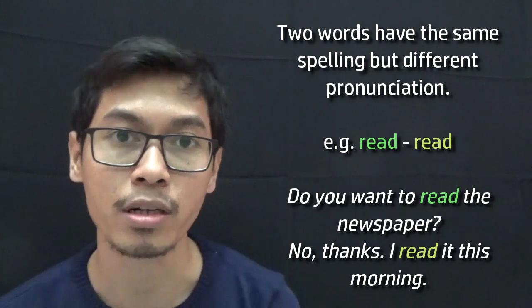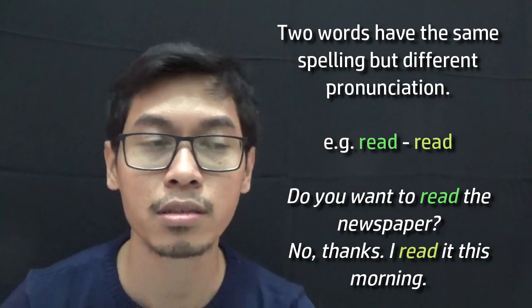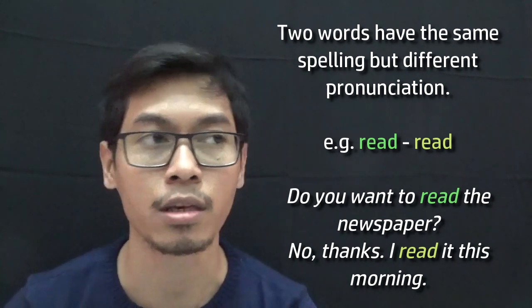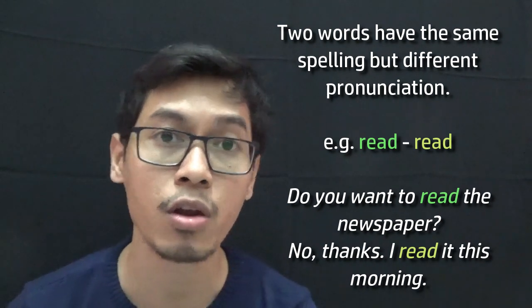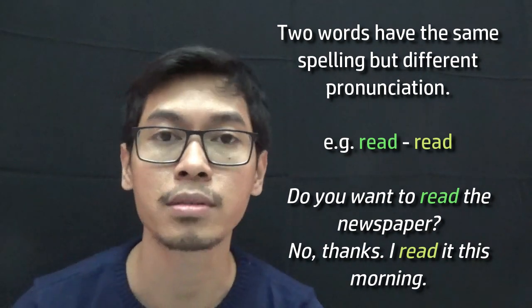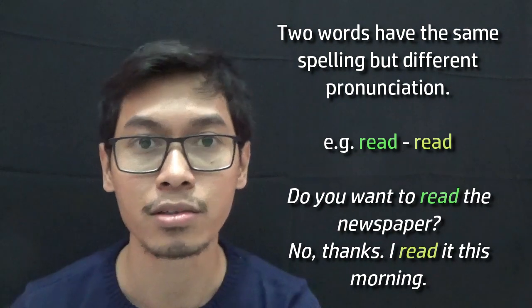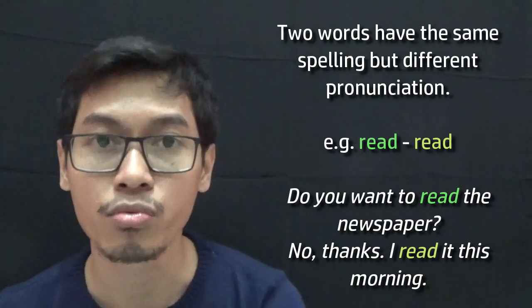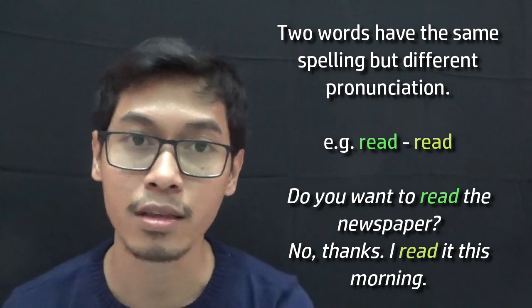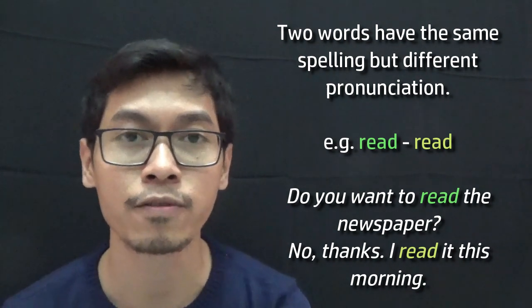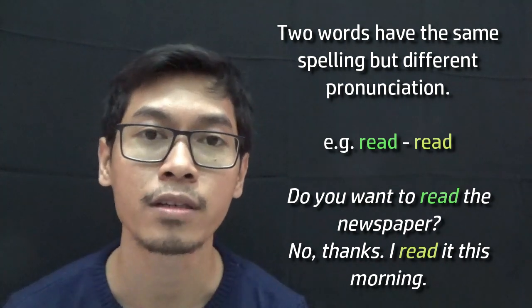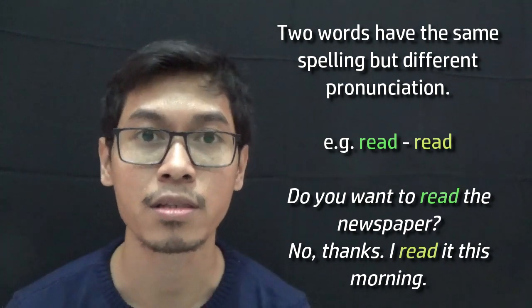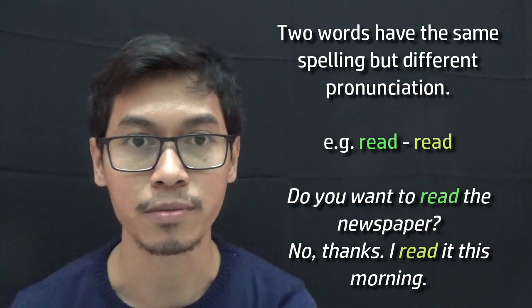However, when this word is changed into the past simple form, or past participle, it's no longer the long E sound, but becomes the short E sound, so it's read. That's why this word is an example of words which have the same spelling but different pronunciation.